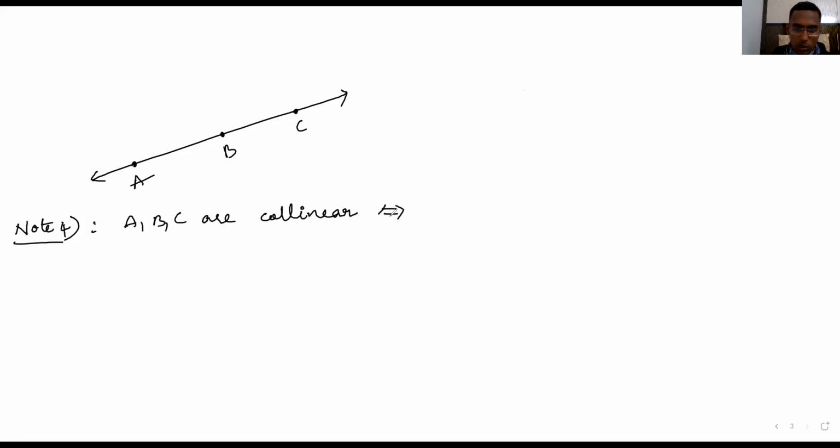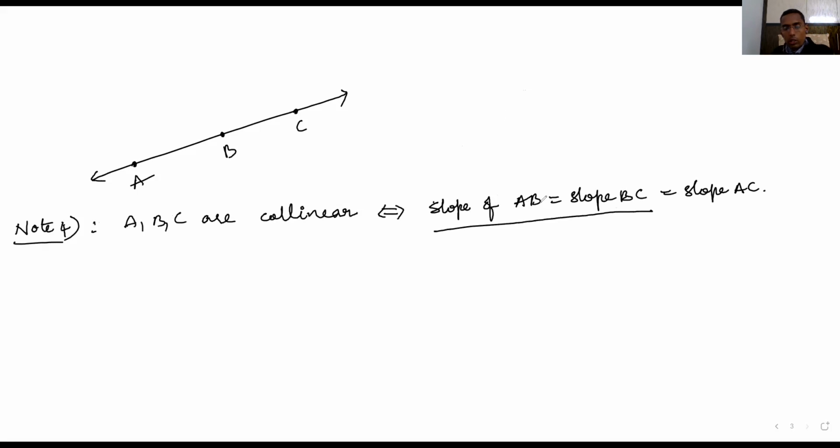Slope of AB is equal to slope of BC is equal to slope of AC. Very good. Whatever 2 points you take on the same line, you get the same slope.